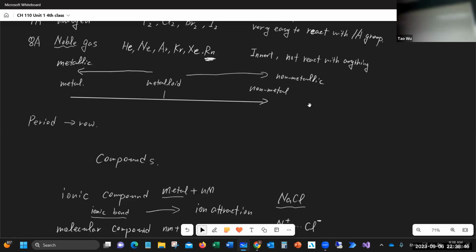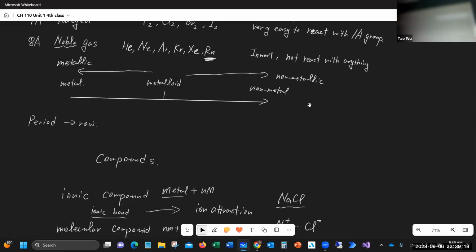On the side of the boundary, some of the elements are called metalloids. But just to let you know, in most cases metalloids in nature behave like non-metals, until they are under certain conditions, and then they behave like a metal.